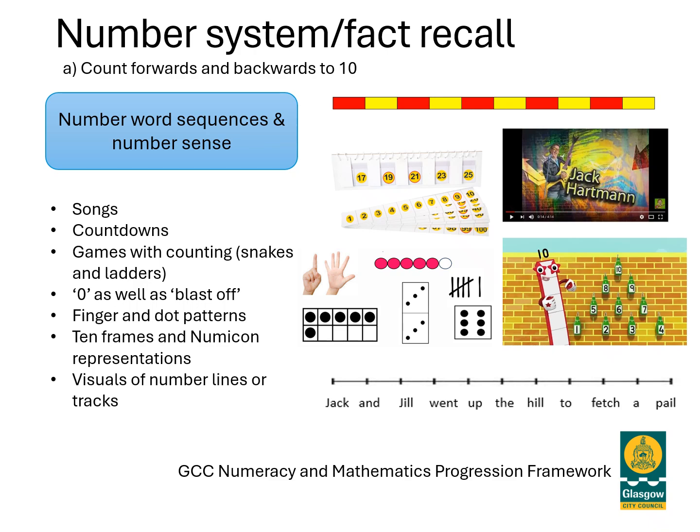So things like dot patterns, finger patterns, use of 10 frames, if you have rekenreks in your establishment, and things like tally marks are all really helpful in terms of internalizing the patterns of 5s and 10s and the subitizing skills that come along with that, which we'll look more at in block 2.